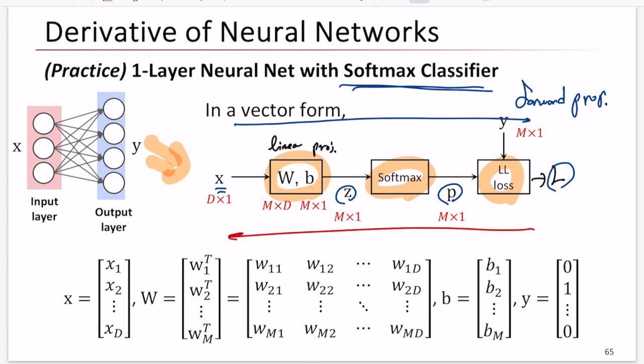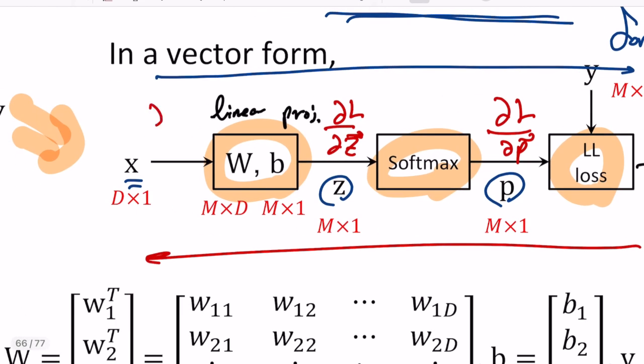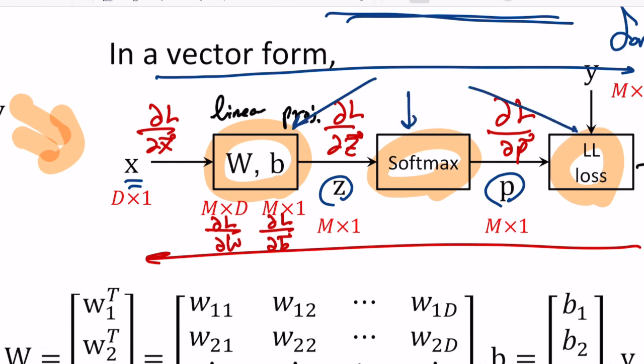And then in backpropagation, we sequentially compute the loss gradients. For example, loss gradient with respect to P, loss gradient with respect to Z, loss gradient with respect to X, loss gradient with respect to W, and loss gradient with respect to b. Of course, similar to the previous example, we have to know the local gradient.